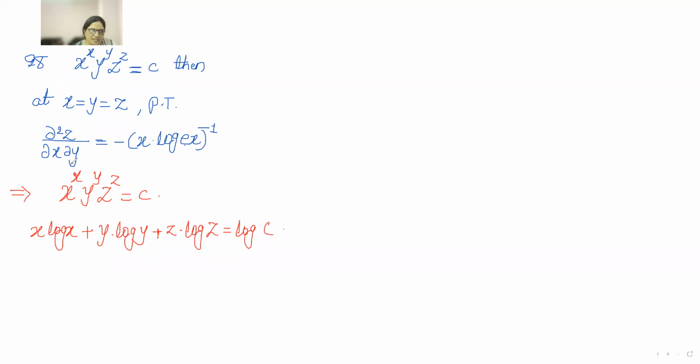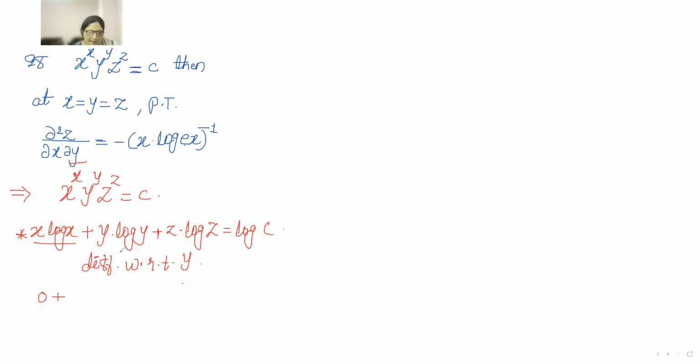Now differentiate with respect to y first. Here z is considered as a complete term, and we are taking x equal to y equal to z. So first we are differentiating with respect to y. Now we are differentiating this complete expression. Differentiating with respect to y, what are we getting here? Derivative of x log x with respect to y is 0, plus derivative of y into log y with respect to y.